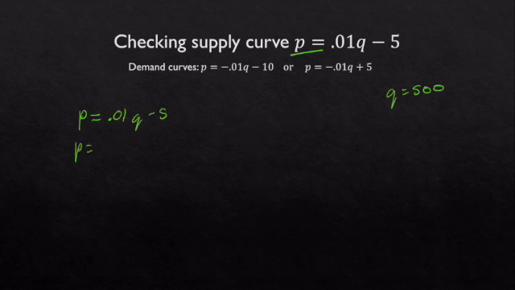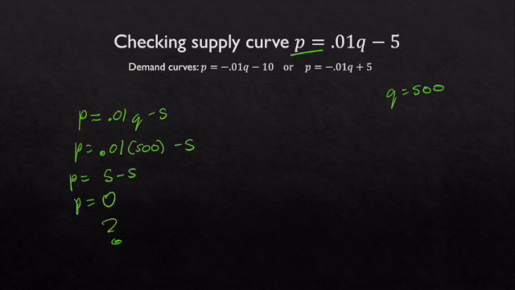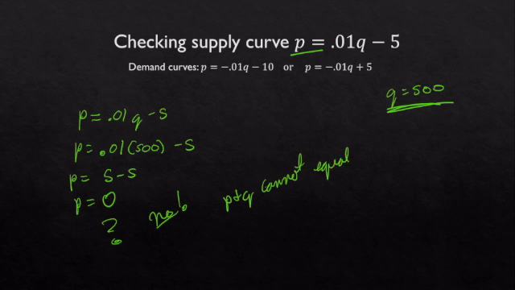So if I plug that in, 0.01 times 500 minus 5, that gives me p equals 5 minus 5, which is p equals 0. Can that happen? If I produce 500 and that's the quantity I have available, then I'm going to charge absolutely nothing for a product? No. So aside from p and q not being negative, p and q cannot equal 0.